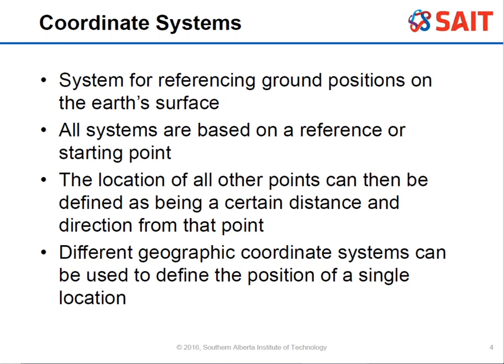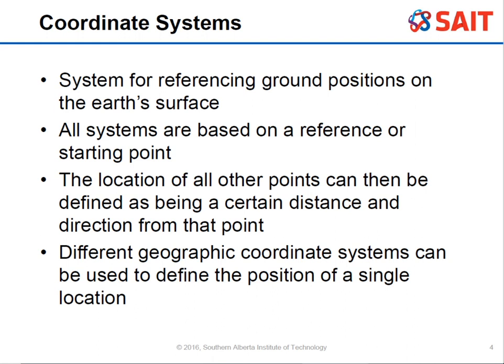Now, for those of you who have any math background, or any background in location and spatial information, whether that be drafting or geomatics, a distance and direction is considered polar coordinates. So it is a type of coordinate system as well. But we can say we have an origin, and then we can go from the origin to the point.